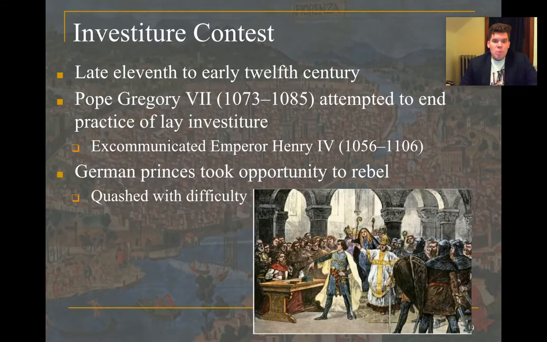But Pope Gregory the seventh tried to end this practice of lay investiture. What lay investiture is basically the practice of having regular people be officials within the church, like bishops and that sort of thing.